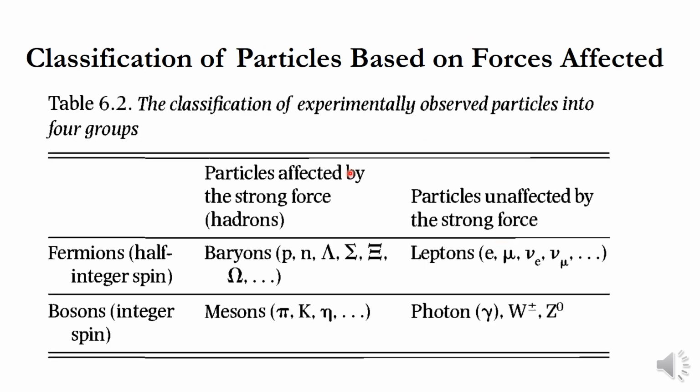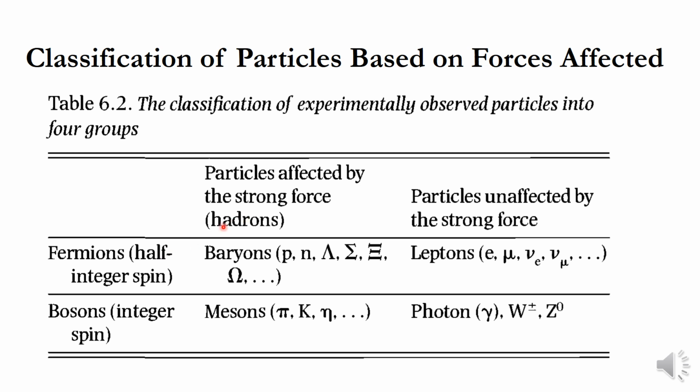Now we can classify the particles based on the forces affecting them. The particles affected by the strong force are called hadrons. Hadrons can be fermions or bosons, meaning hadrons may have a half integer spin or whole integer spin.